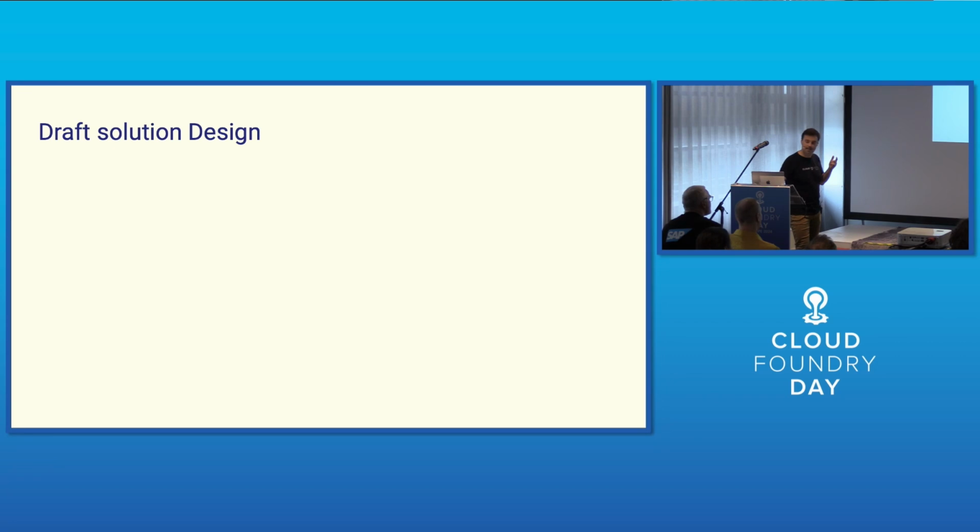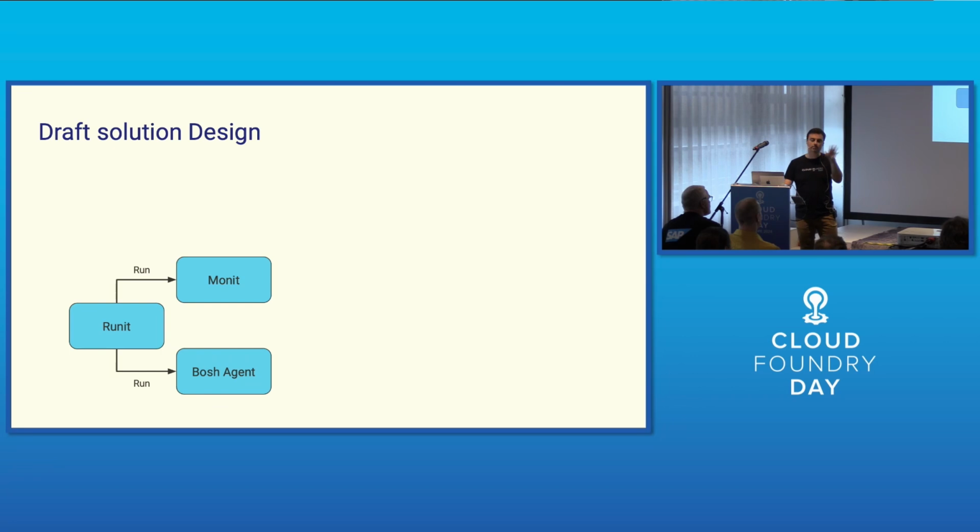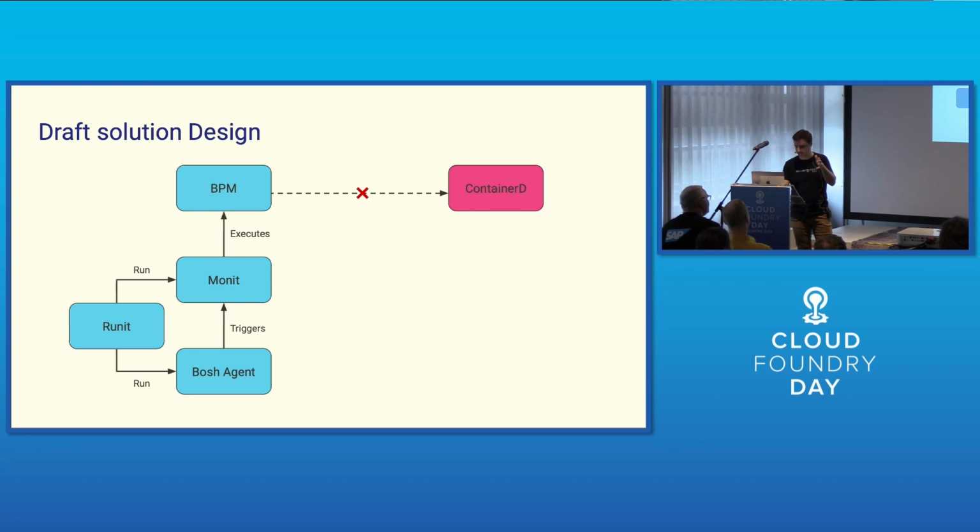So there's the idea. On a Bosh managed instance, you get runit in the first place. That runs Monit, and the Bosh agent triggers Monit to execute BPM-based processes. But usually they run a binary, and there you cannot run containerd directly because it's going to conflict with the systemd cgroups management, so it's going to fail.